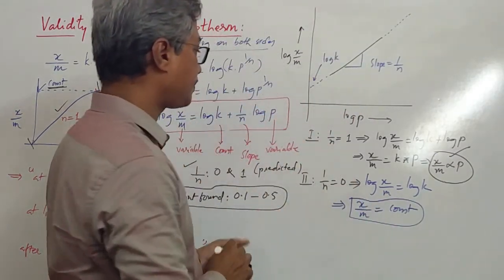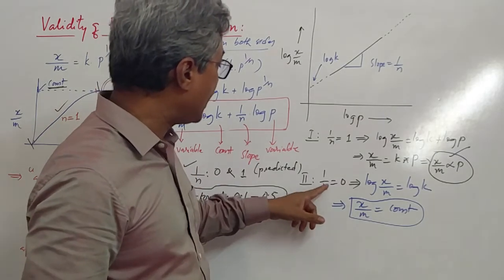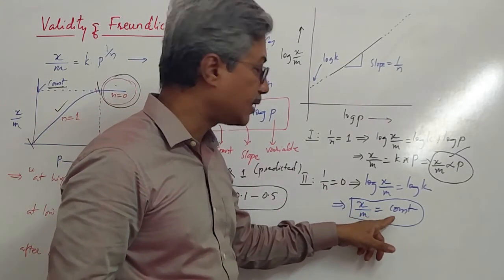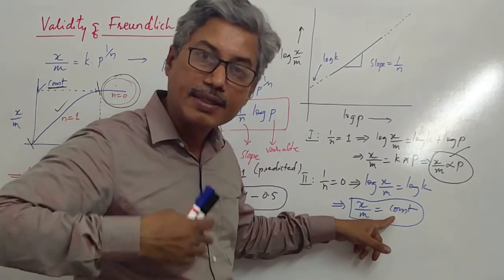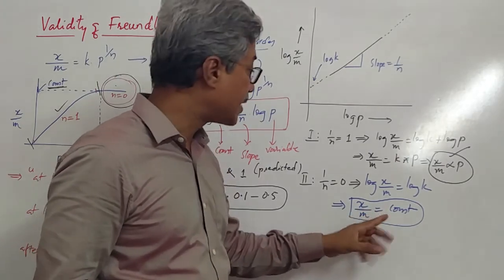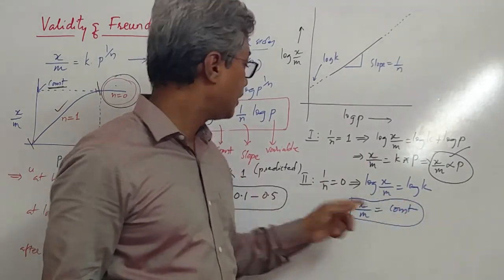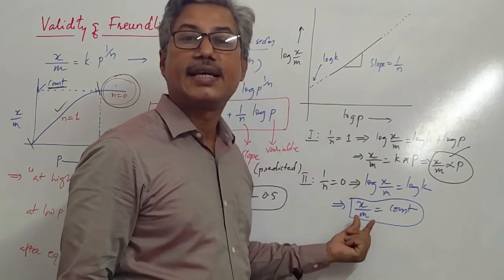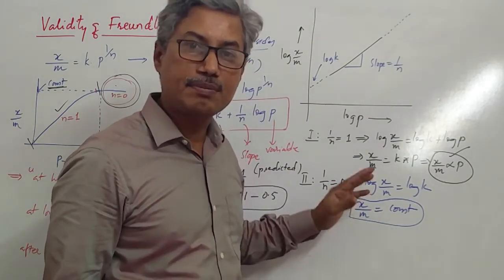See students, when 1 by n is equal to 0, it means that the extent of adsorption is constant. It means that even though we increase the pressure, the extent of adsorption remains constant. It means that at high pressure, when 1 by n is 0, the extent of adsorption is independent of pressure.